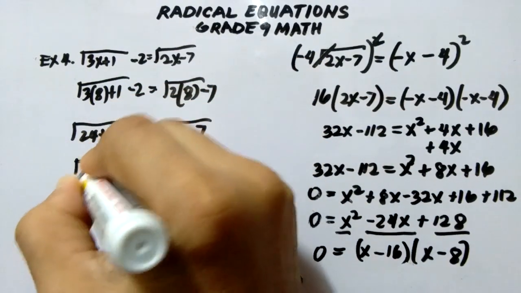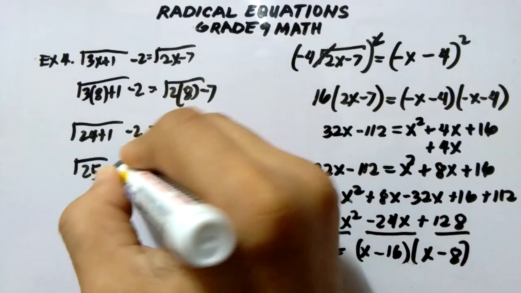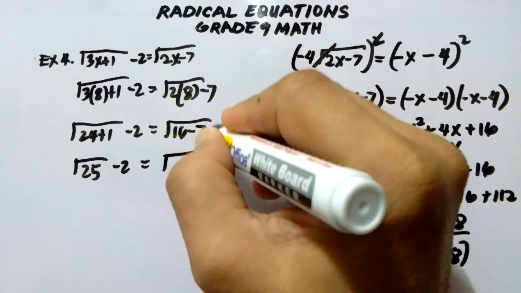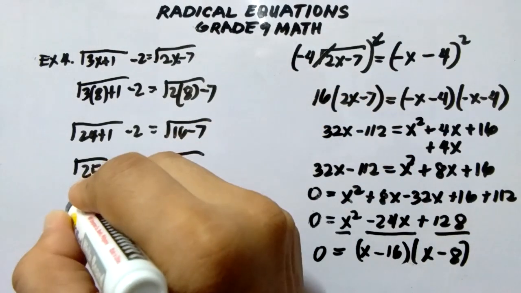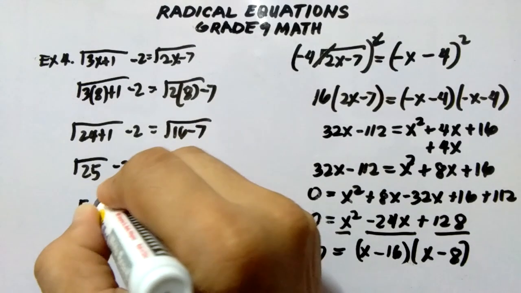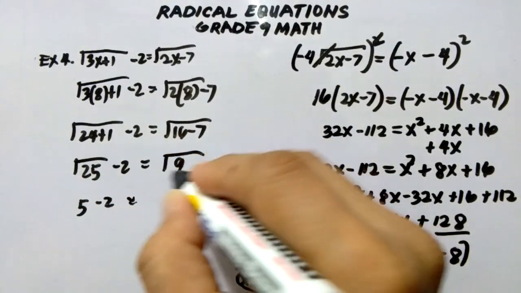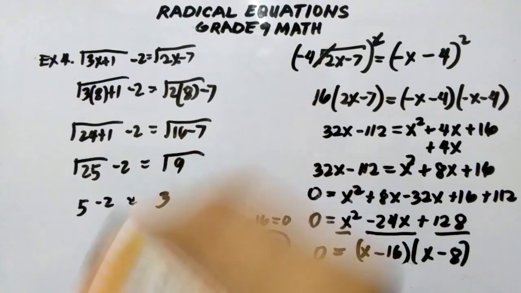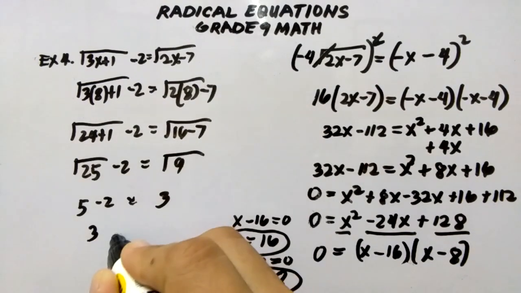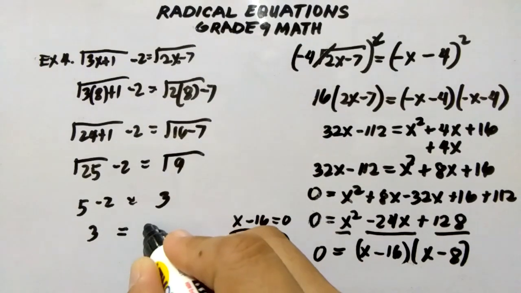So, square root of 25 minus 2 is equals to square root of 16 minus 7, that is 9. So, square root of 25, perfect square, that is 5 minus 2 equals to square root of 9, that is 3. So, 5 minus 2 is 3 is equals to 3.